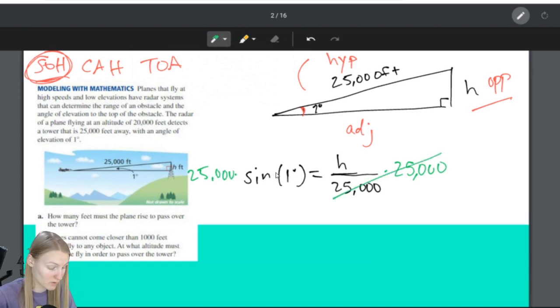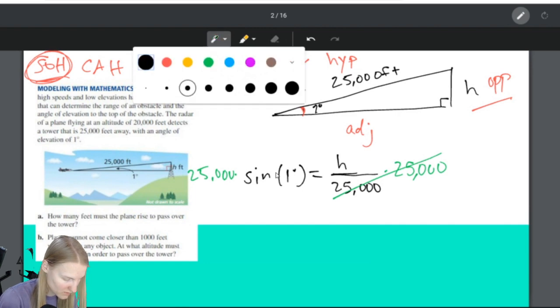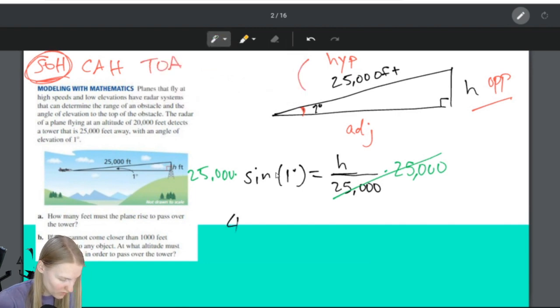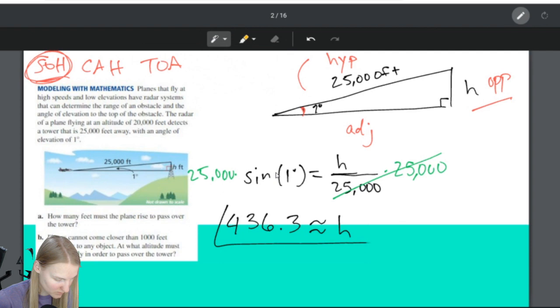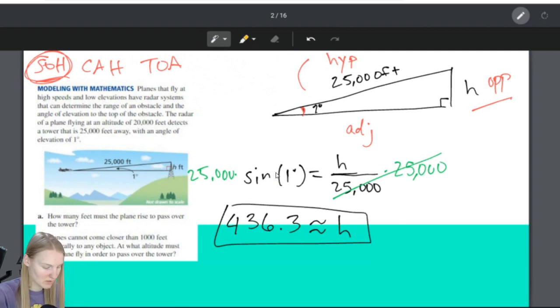And I don't know what that is in my head, so I'm going to come over to my handy-dandy calculator and do 25,000 times sine of 1 degree. And we get 436.3 approximately. So that is how many feet the plane needs to rise to pass over the tower.